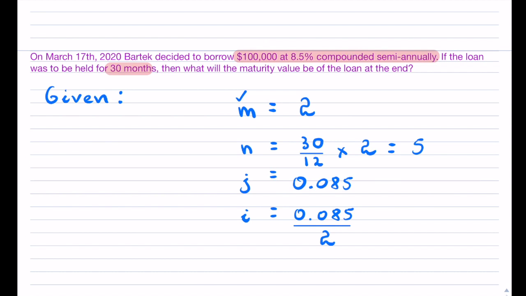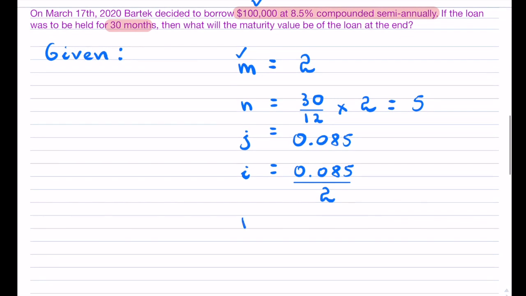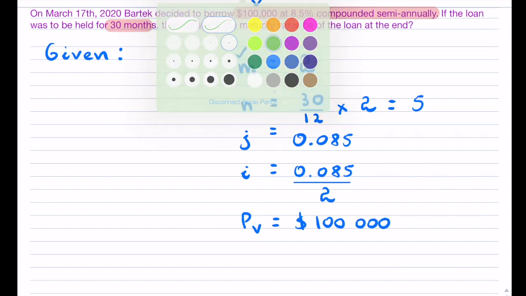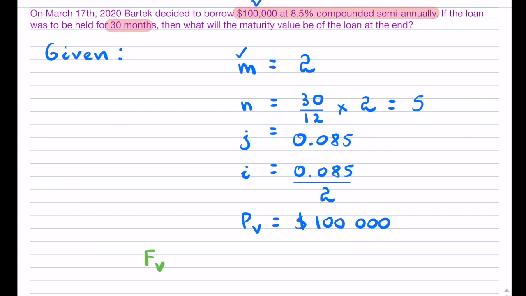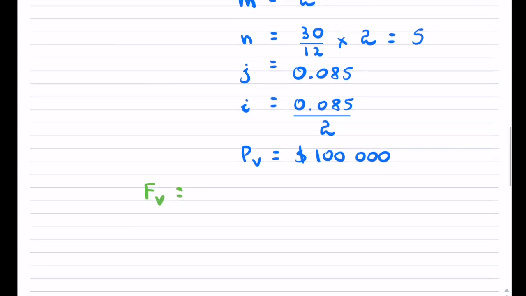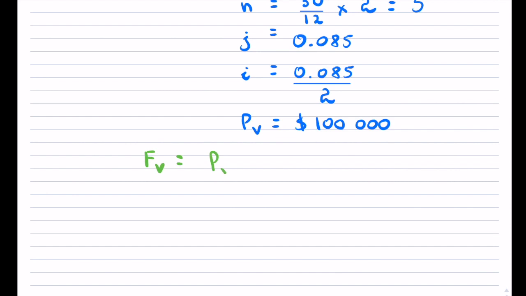Well, I take a look and I see that they give me a dollar value, which is 100,000, and that's what I begin my investment with. So here, this would be my present value, and we have 100,000. And now I can just go ahead and use my formula. Future value is equal to present value multiplied by 1 plus I to the power of n.